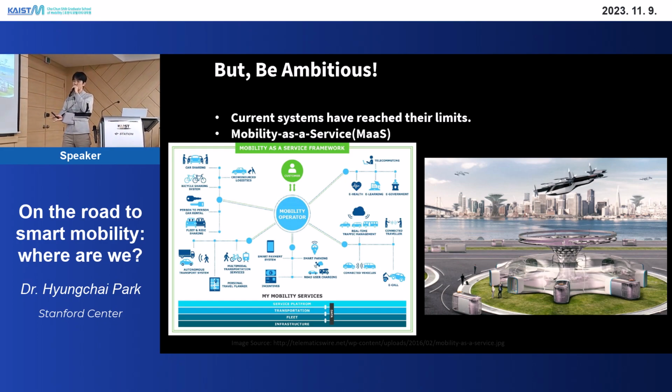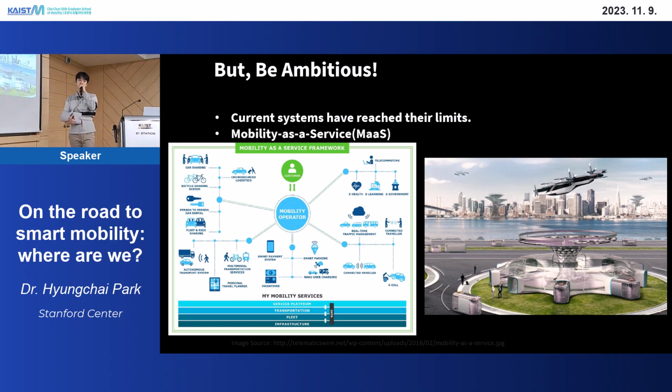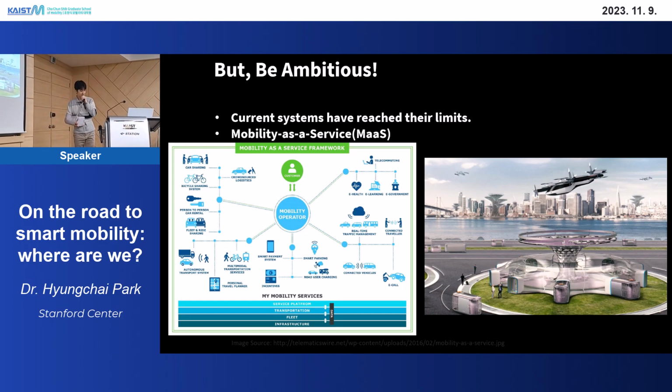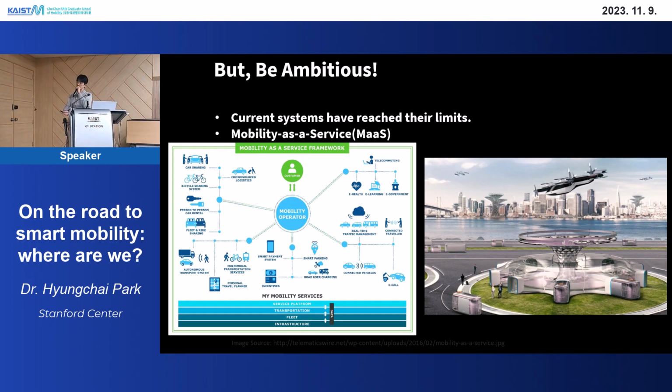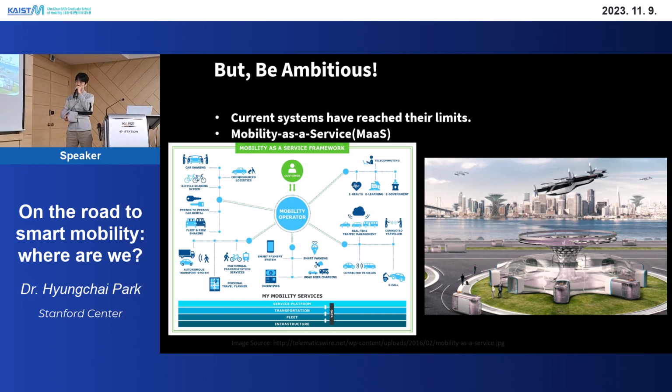There's a joke, or maybe actually a real statement, that Google started their autonomous driving technology development to make people watch more YouTube while they are not driving. Believe it or not. And also, by adopting UAM technologies, it might change our mobility life fundamentally in the future.